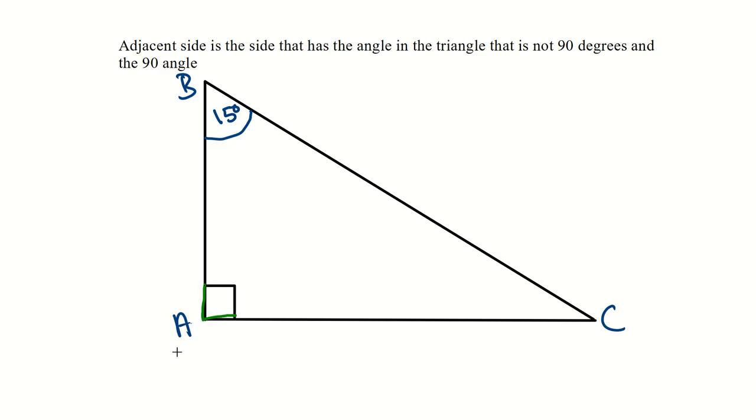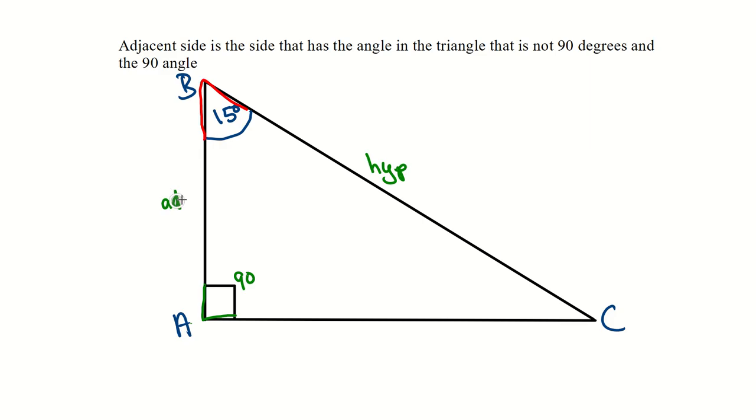You're going to draw a line here. So you know AC and AB is used to make up that 90 degrees angle. This would be a hypotenuse, by the way. And then what makes up the 15 degrees? AB and BC. So the side that has both your 90 degrees and your non-90 degrees angle would be your adjacent. So in this case, your adjacent would be AB.